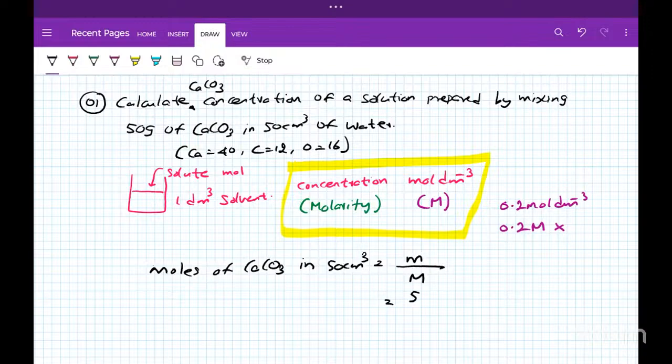Mass is 50 grams. Molecular mass or relative molecular mass can be calculated. Calcium is 40, carbon is 12, oxygen is 16, into 3, that is 100. So grams per mole.